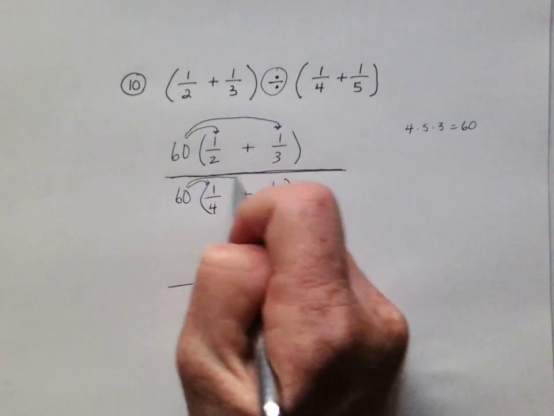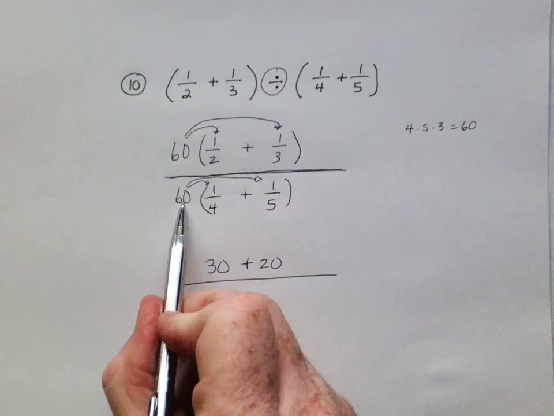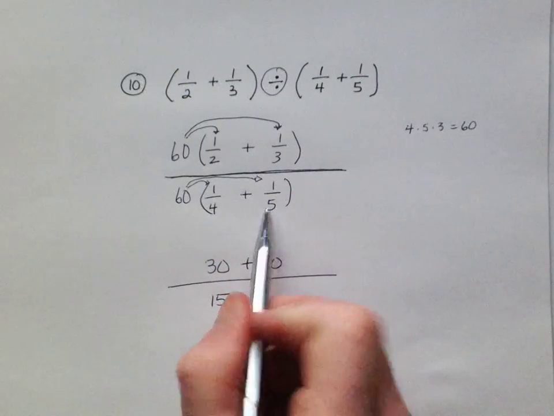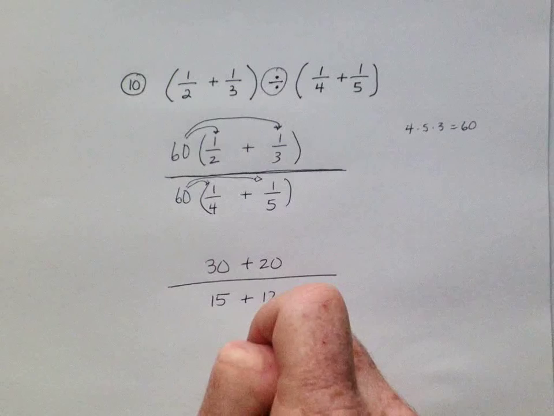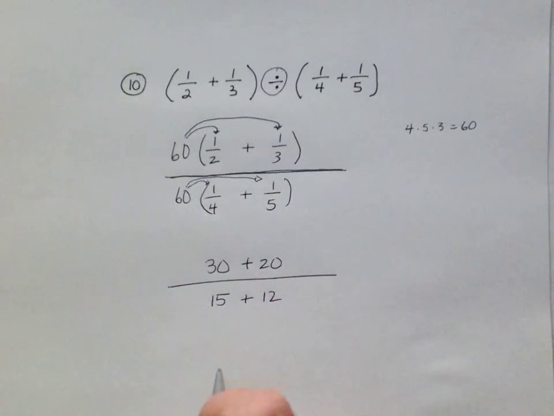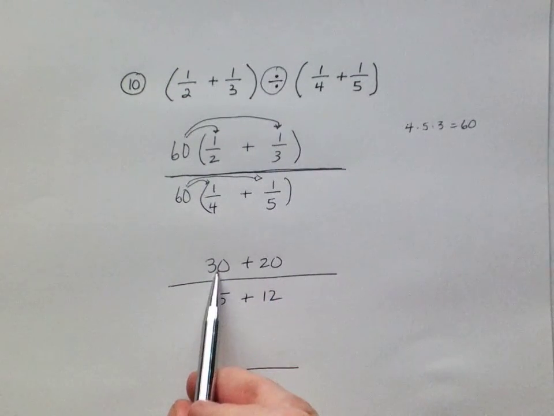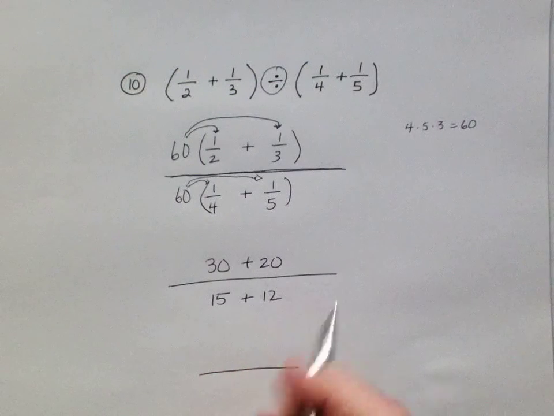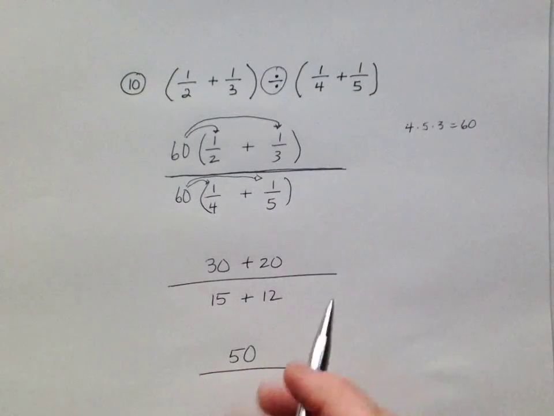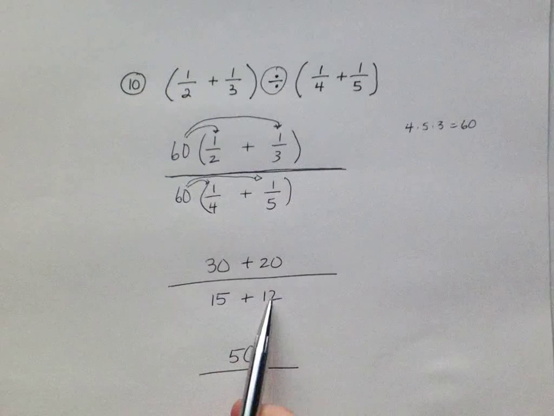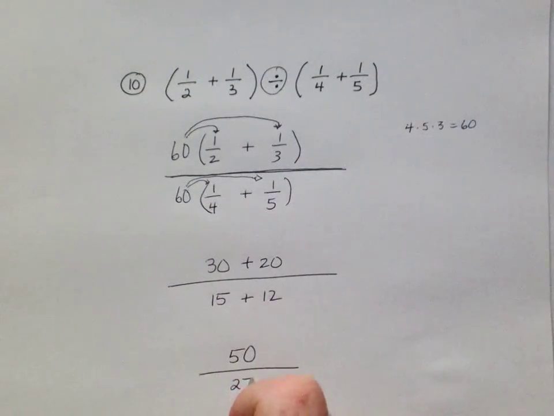And then finally, distribute it over here, 60 divided by 5 is 12. And so for the numerator, there would be 30 plus 20. For the denominator, 15 plus 12 is 27. And there's nothing that will divide into these two, so we're done.